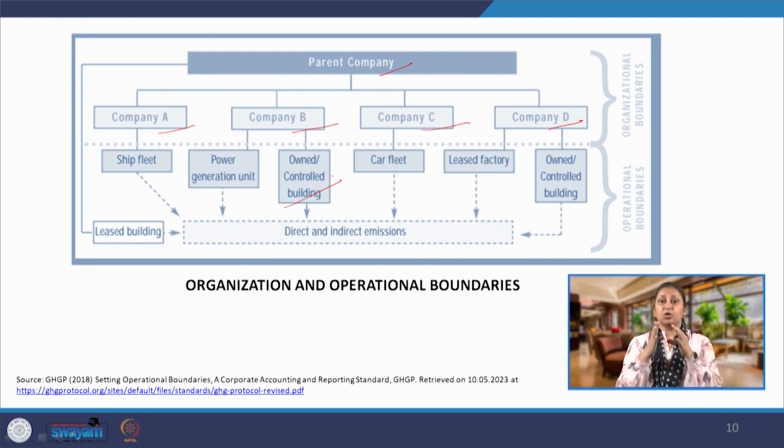All the emissions which are directly resulting from these 3 are part of this organization itself, and when we go to operations within these specific ones, we will get the direct emissions, and we will also get the indirect emissions from the organization of these 3 campuses, which is part of IIT Roorkee as a parent organization. This is what we are talking about.